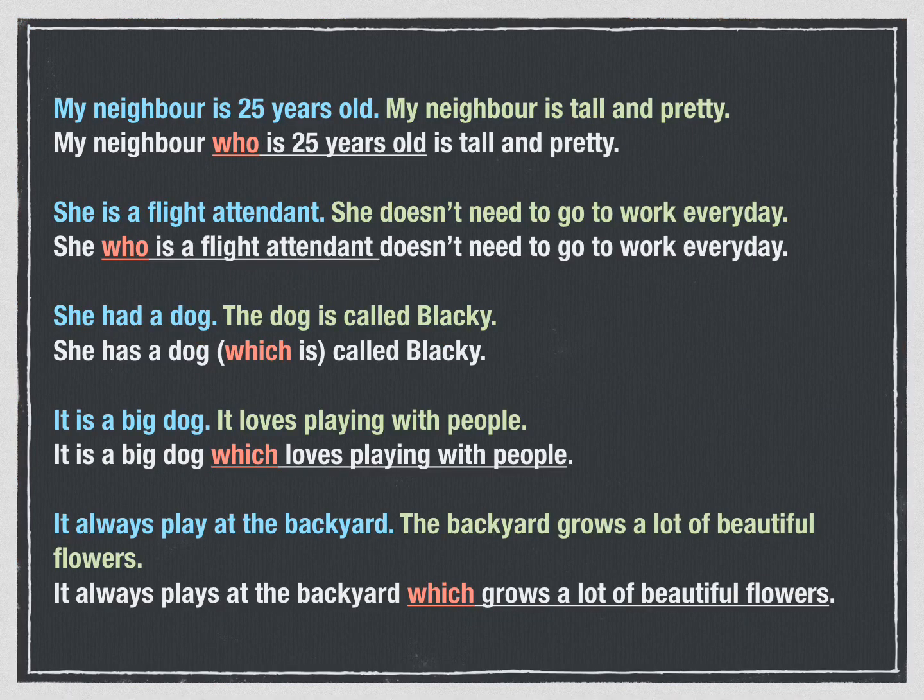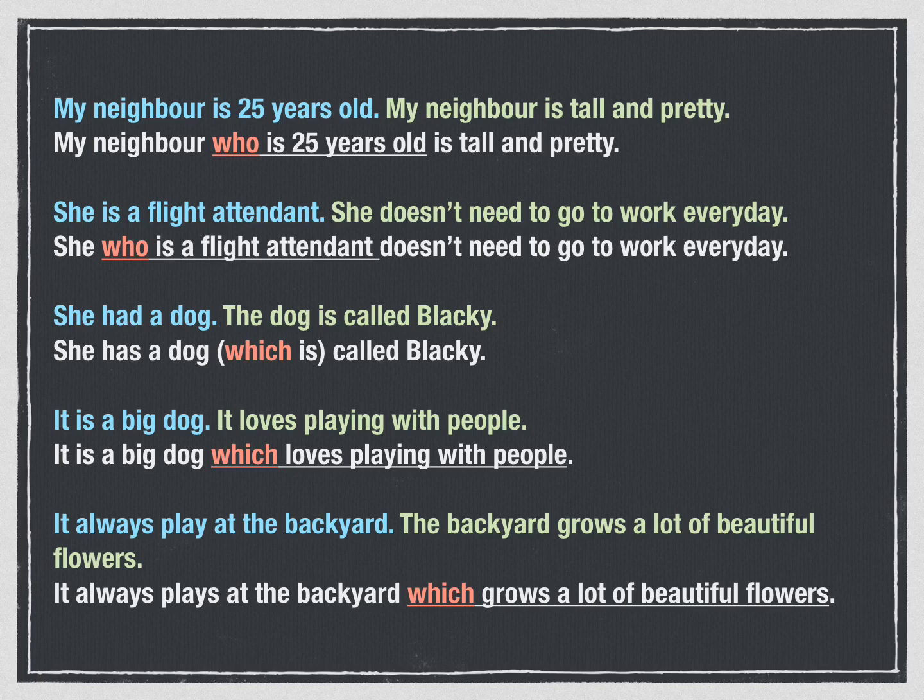Now, what are we using the WH words for? Take a look at these sentences. The original sentence: my neighbor who is 25 years old is tall and pretty. Actually, it can be separated into two sentences, right? My neighbor is 25 years old, full stop.